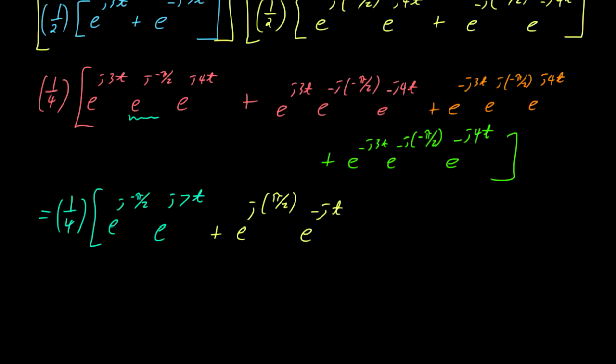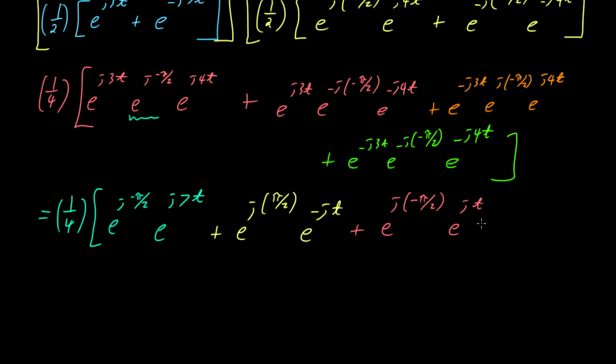Then the next expression, I've got my phase information, plus e to the j minus pi over 2, and then e to the minus j3t, e to the positive j4t. So I'm just left with 4 minus 3, which gives me e to the jt.